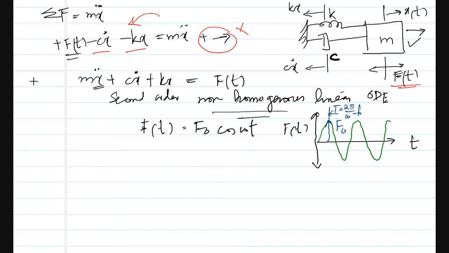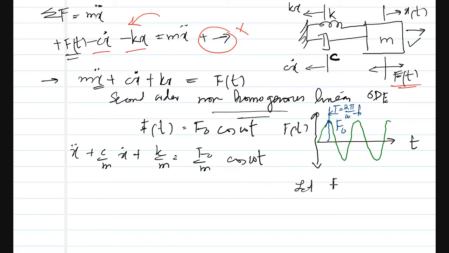Okay, for this equation, if I divide it by m, what you get is c over m x dot plus k over m x equals f naught by m cos omega t. So what I'm letting is, capital F naught divided by m, which is peak force per unit mass, be small f naught, just so that the derivation becomes relatively simpler.